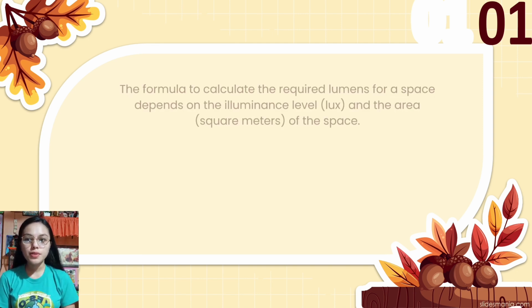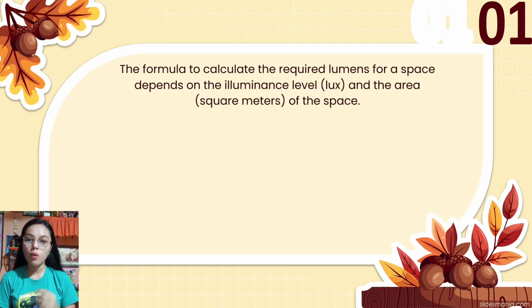So let us proceed to the calculations of the required lumens, the required lighting level, and of course the total lumens of the fixtures. The formula to calculate the required lumens for a space depends on the illuminance level or the lux level, and the area in square meters of the space.